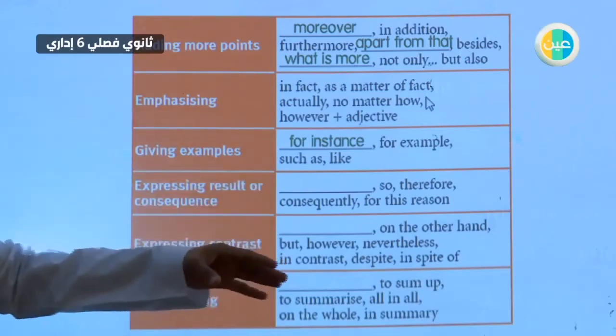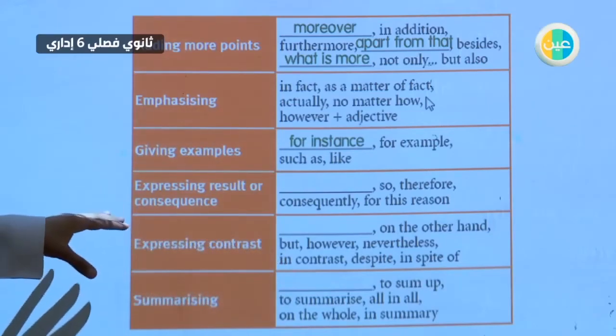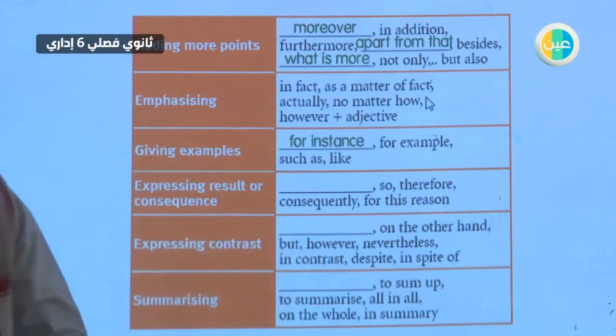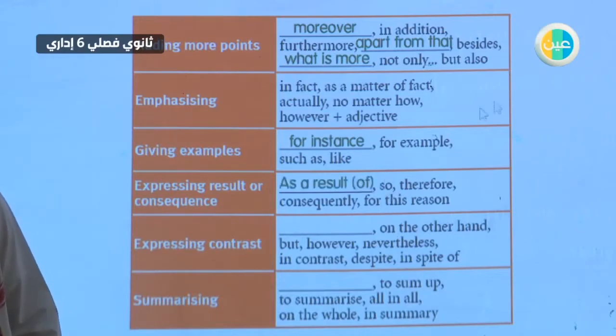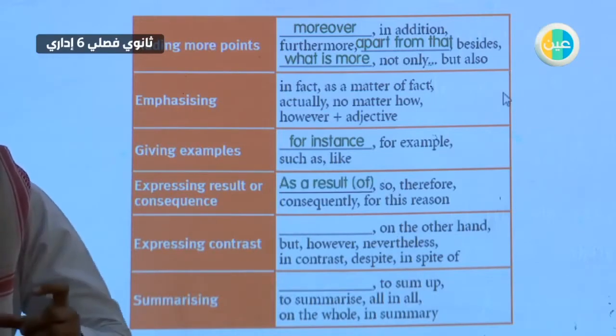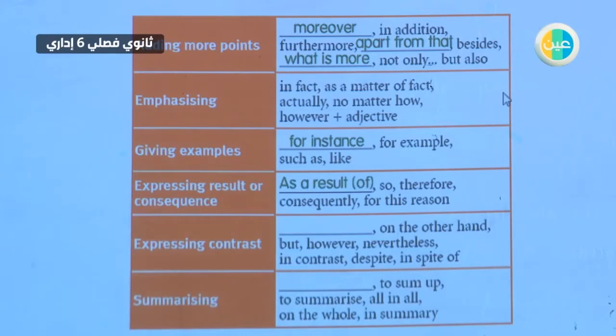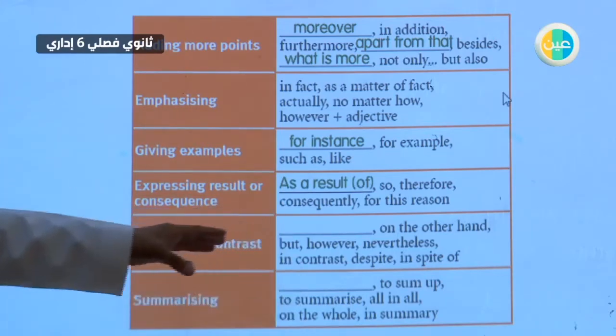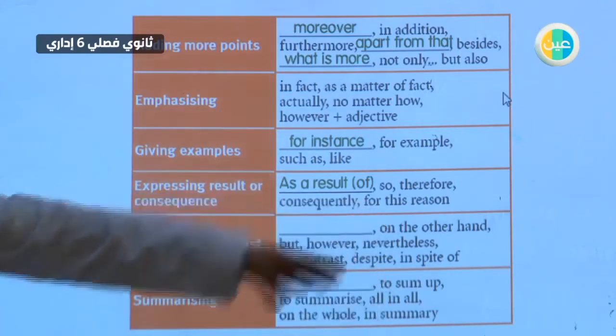Here, the fourth one, expressing result or consequence. هنا تعبر عن إيش؟ محصلة أو نتيجة. So, we have as a result, or وحاط لك between brackets of, so it can be removable or optional. So therefore, so, consequently, for this reason.